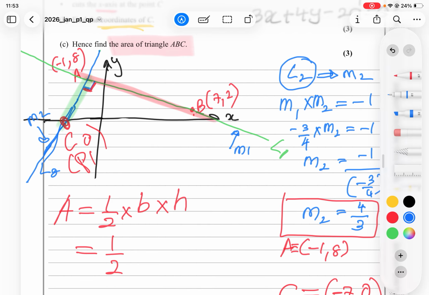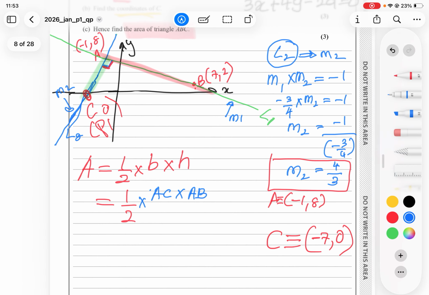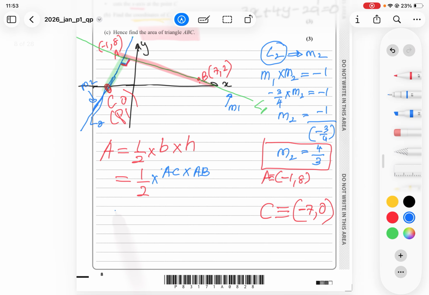Considering we can say base as AC times AB.